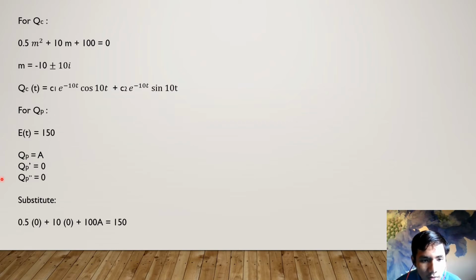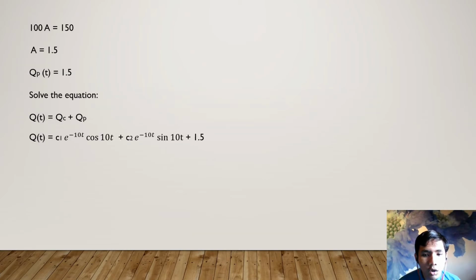After that, we substitute into the earlier equation: 0.5 times 0 plus 10 times 0 plus 100A equals 150. Simplifying, we get 100A equals 150, so A equals 150 divided by 100, which is 1.5. So Qp(t) equals 1.5.